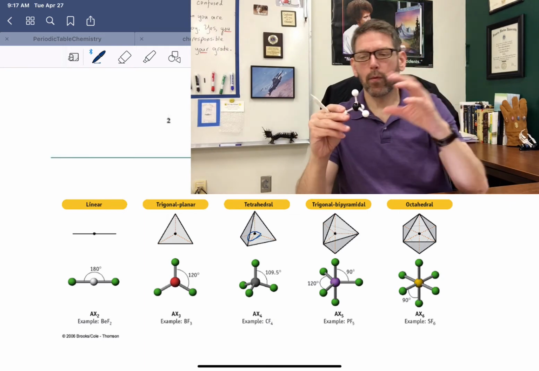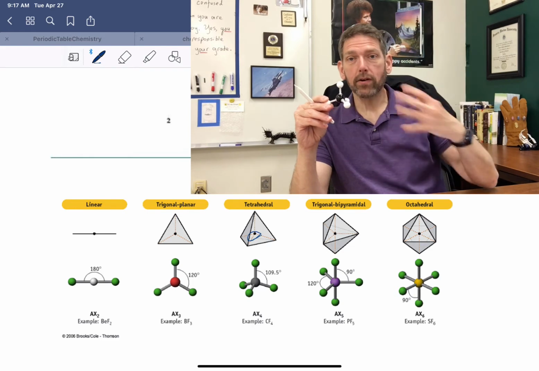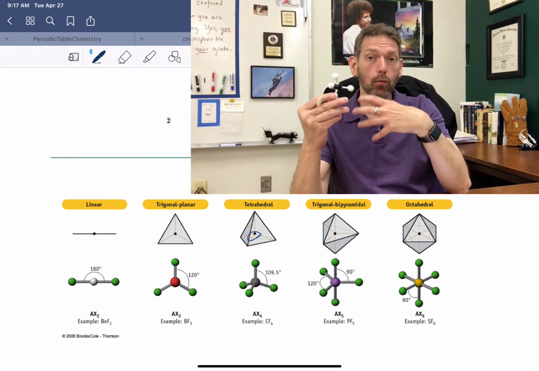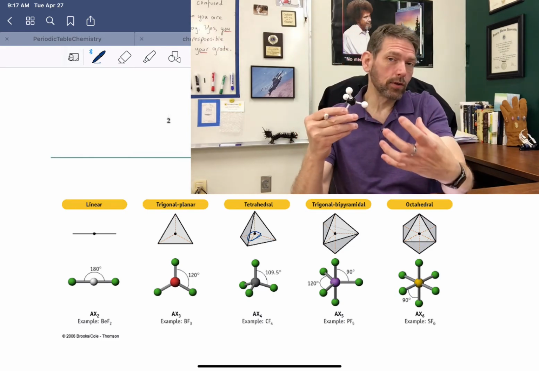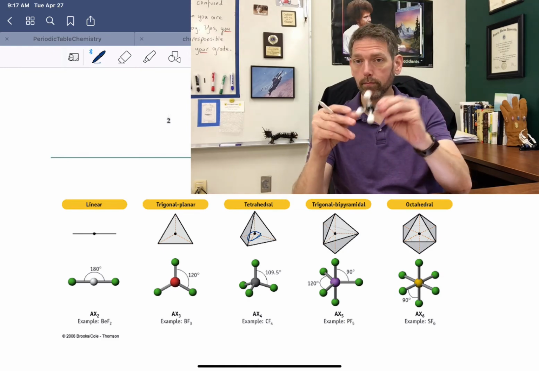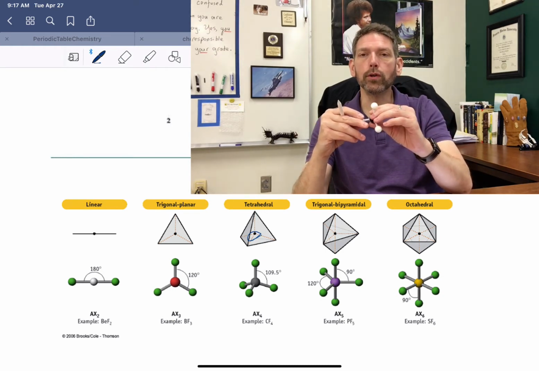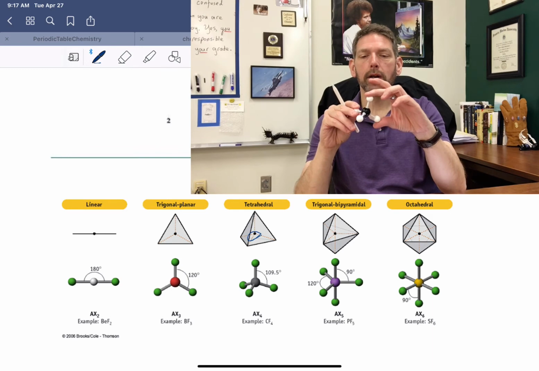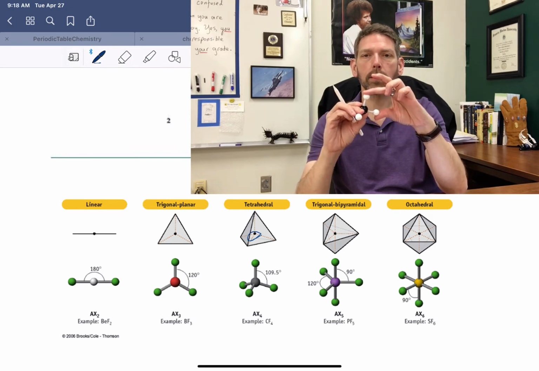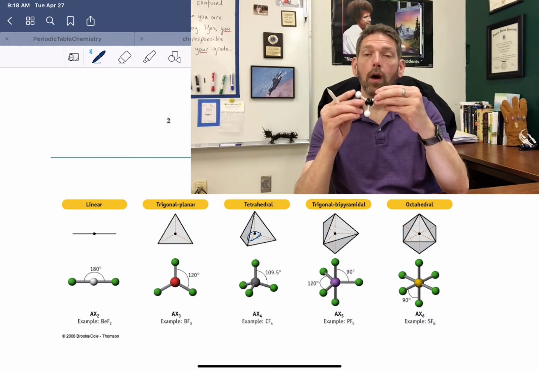Now, we've spoken in a previous lesson that matter is in constant motion. It's resonating, it's vibrating, and as a result of that, you have certain types of molecules that have multiple Lewis structure forms. This one does not, but there are those that do. And so that means, if you think about it, these things are constantly moving back and forth. Like right here, I'm trying to keep this still, but all the atoms are constantly moving and shifting back and forth.